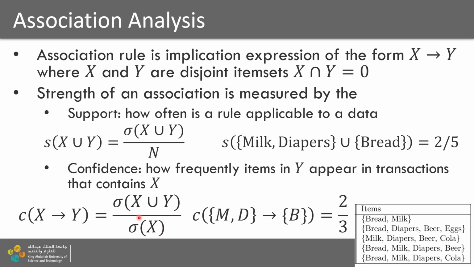How many times are milk and diapers in our transaction record? Milk and diapers is 1, 2, 3 times, and milk, diapers, bread is 2 times, so 2/3. So we are quite confident about this rule, although it doesn't have too strong a support.